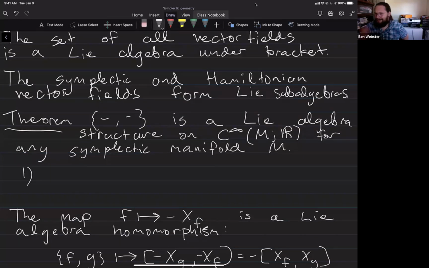Well, bilinear, I think that's reasonably clear. So it's bilinear because omega is bilinear, and because sending a function to its Hamiltonian vector field is a linear operation.